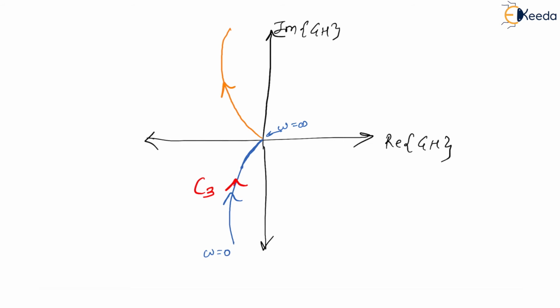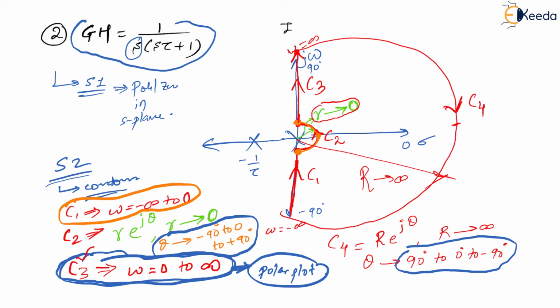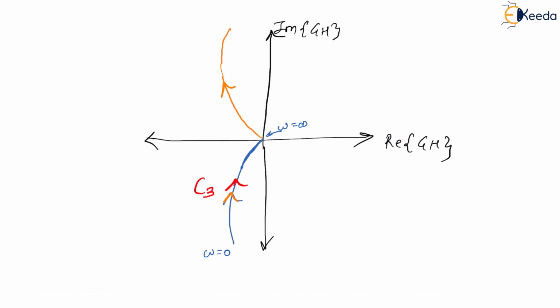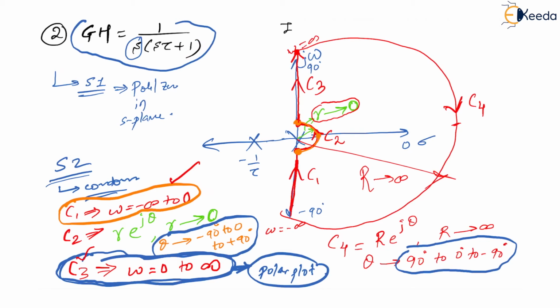The direction has to be followed. You cannot keep this as upwards and this as downwards. That is very, very wrong. This is showing contour C1. So C3 is done and C1 is done.